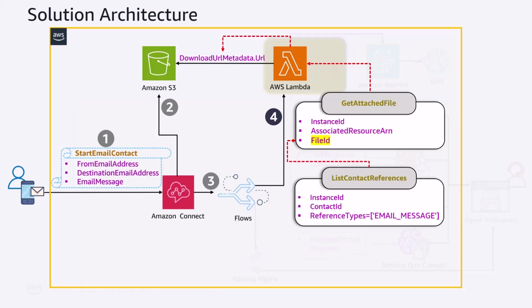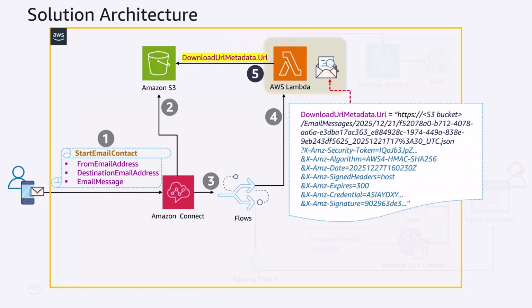The first API, list contact references, retrieves the file ID of the email message. The second API, GetAttachedFile, uses the file ID. This generates a URL to download the email from S3. The Lambda function uses the URL, a pre-signed S3 URL with a short-lived security token, to download the email message.